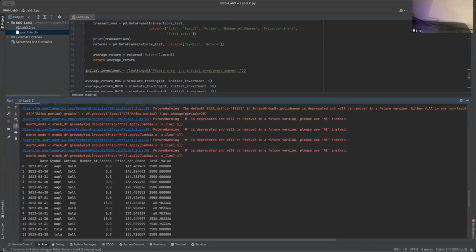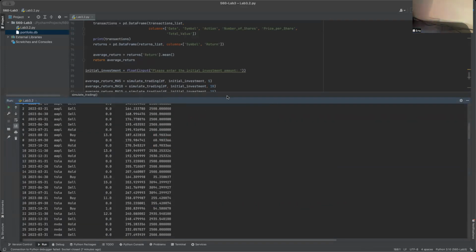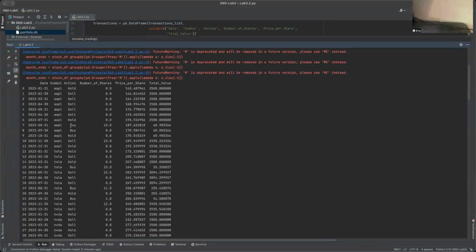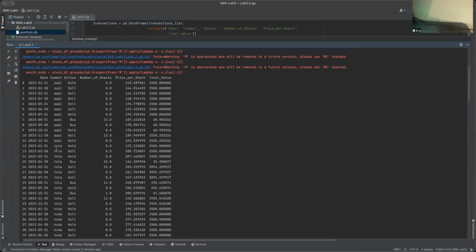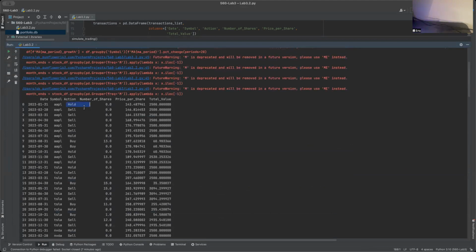All right, so the program produces 3 tables. These are transaction tables. It has the stock names, Tesla, Apple, Amazon, and actions of each trading day, and these days are the end of the month, and the number of shares that we have, the price per share for each stock, and the total value in our account.